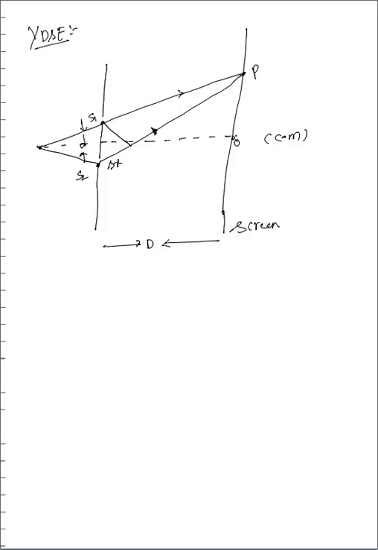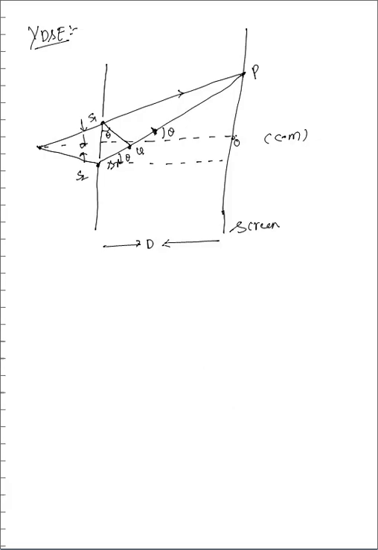Now if this angle is theta, and I am taking one more here like this, this also is theta. I name this point Q, and this point S2 we already named.